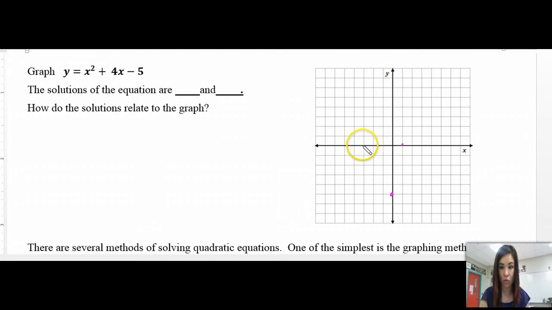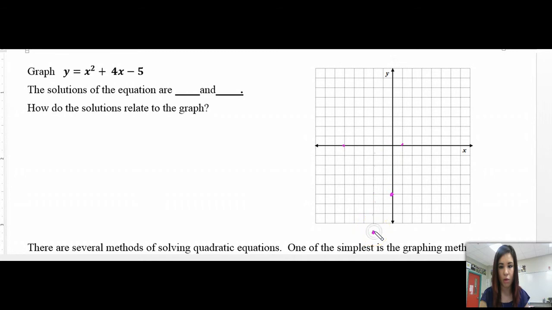So 1, 2, 3, 4, 5. Our vertex looks like it's at -2, -9. So at -2, 1, 2, 3, 4, 5, 6, 7, 8, 9.